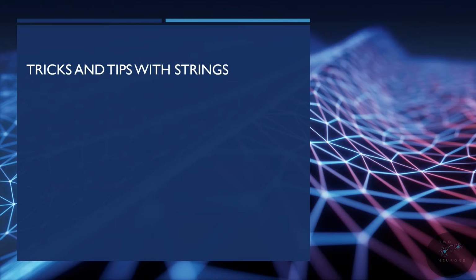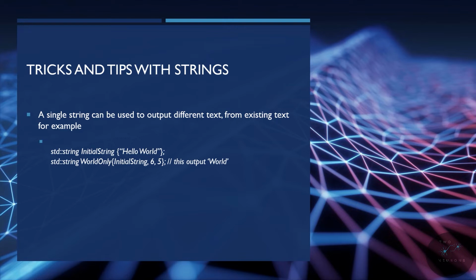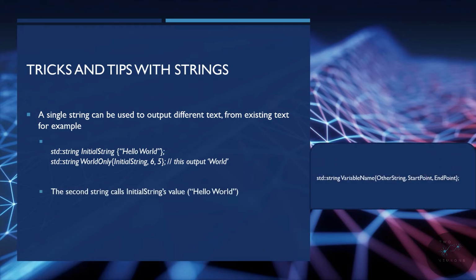But there are some things we can do with strings. For example, we can use one string to impact the output of another string. So for example, if we have a string that says hello world, this is our initial string, and then we have another string that calls the initial string and then uses the numbers 6, 5, it will only output the word world. The way this works is that the second string calls the initial string's value, hello world.